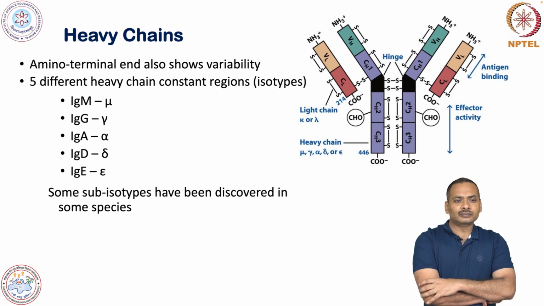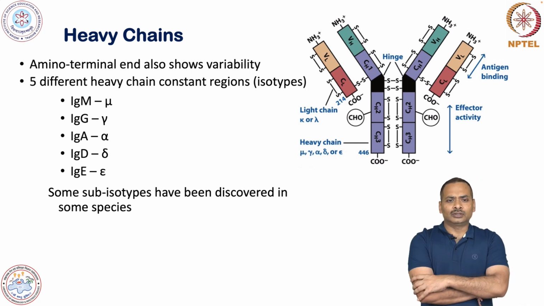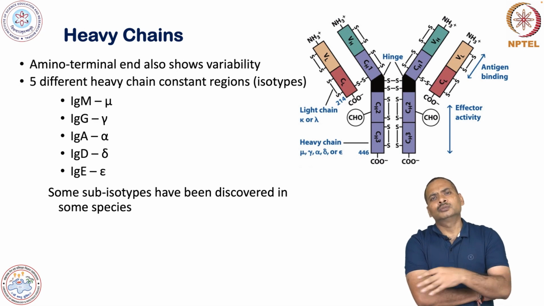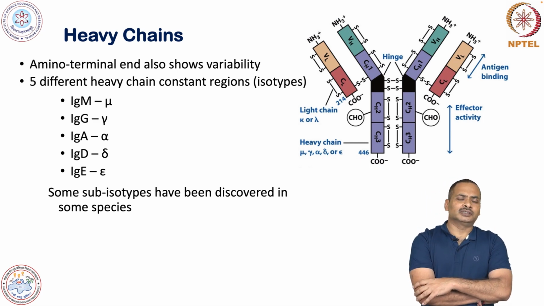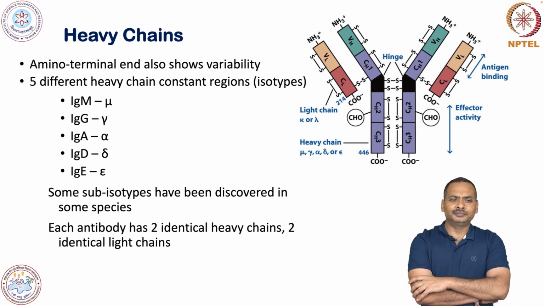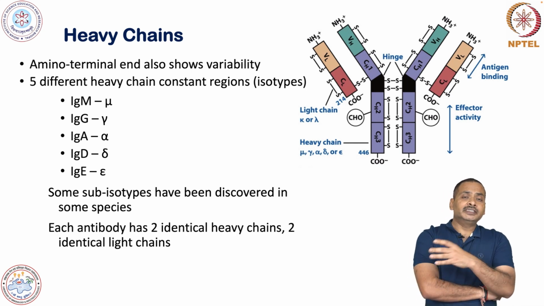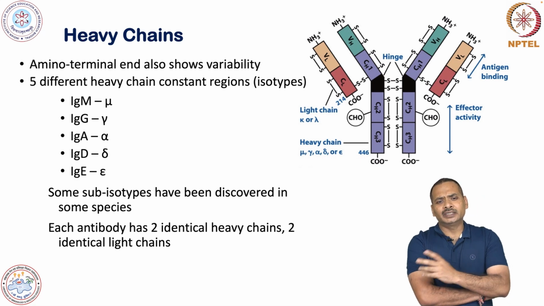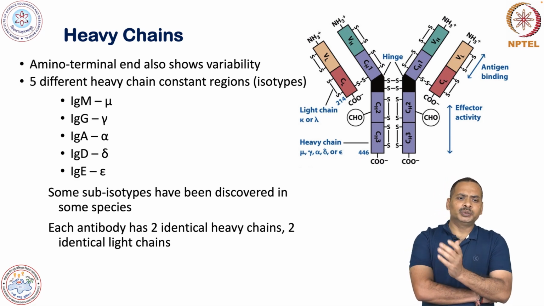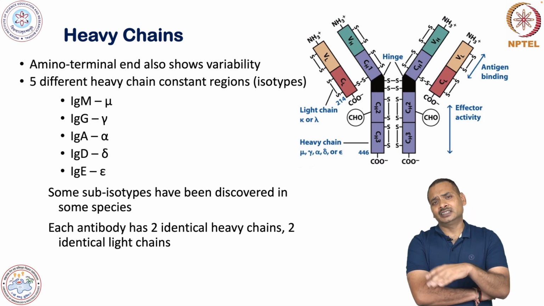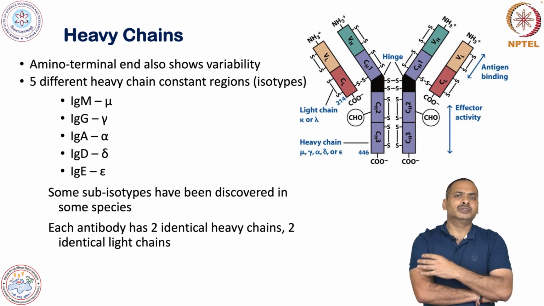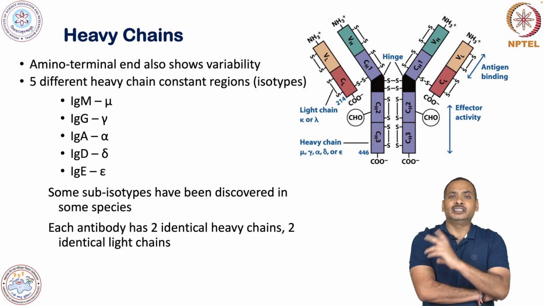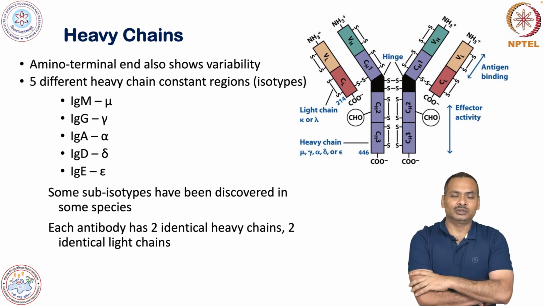Okay, so we will discuss all those things, and this is not only in humans, this is also present in other species, particularly mouse. Okay, each antibody has two identical heavy chains and two identical light chains. I explained in the previous session that these antibodies are basically a dimer of heterodimers.